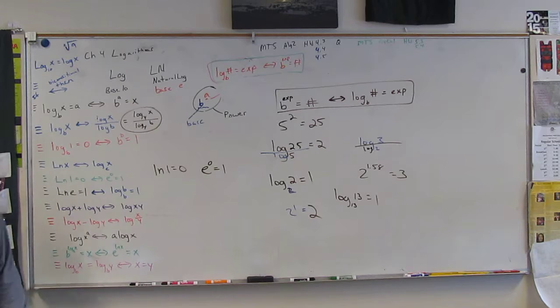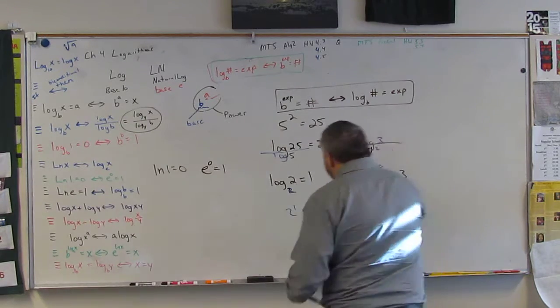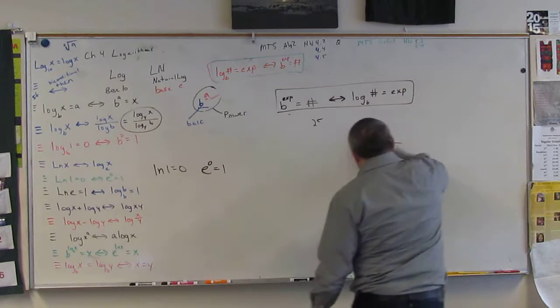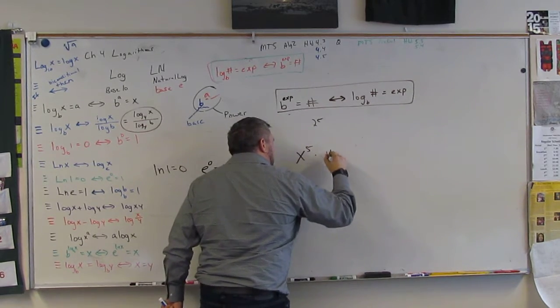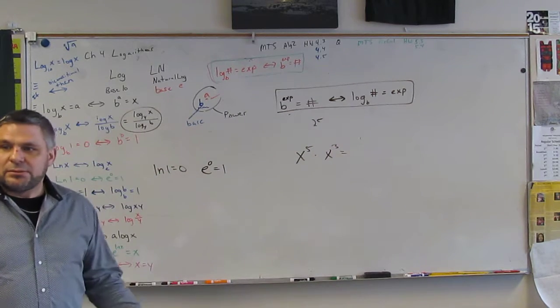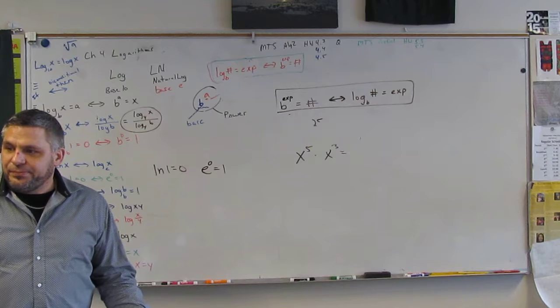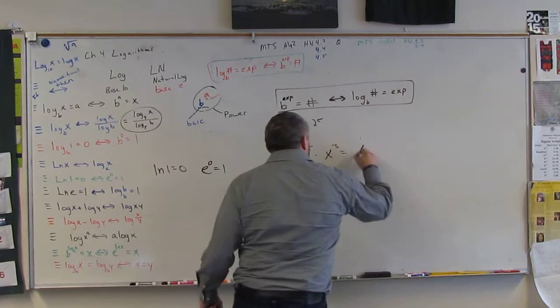Now we get to the harder stuff. Okay? This isn't that hard though. Think about this. If I have x to the 5th times x to the 3rd, what do I get? X to the 8th. What did you do?